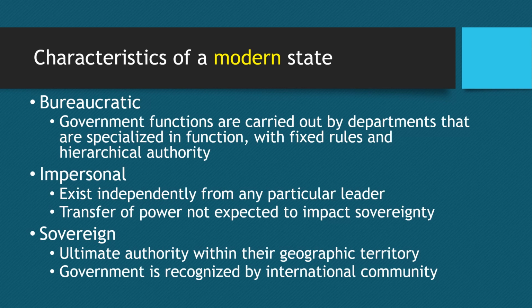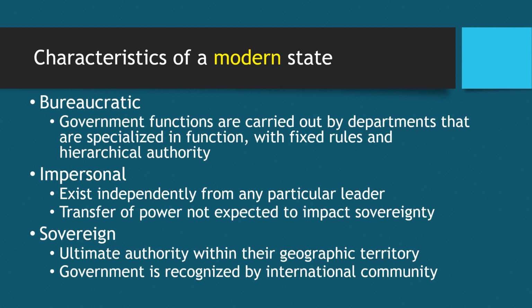So looking at states, Max Weber and other political scientists have spent a lot of time talking about the modern state, which didn't really develop until about the 1700s, early 1800s. You can certainly dive more into those arguments and ideas if you take a history class or a higher level political science class about the state.